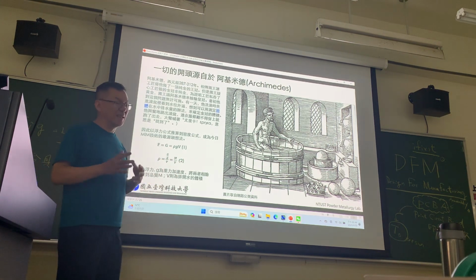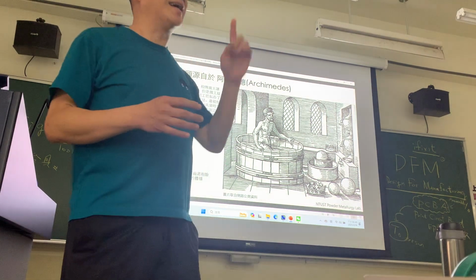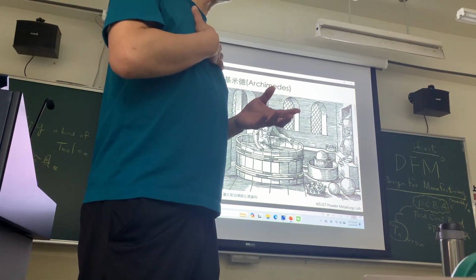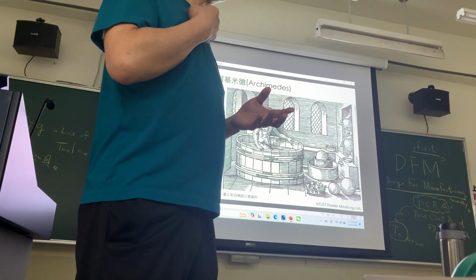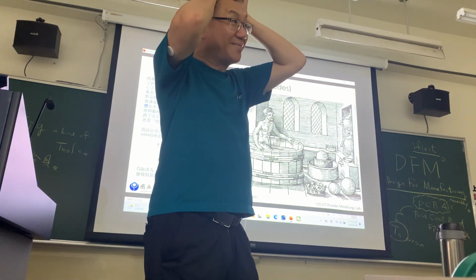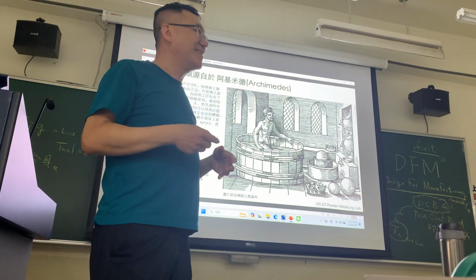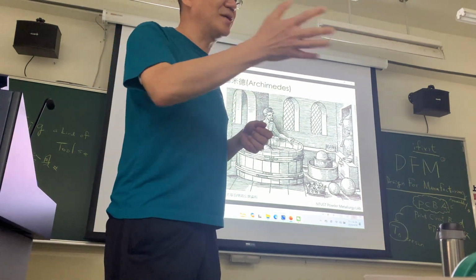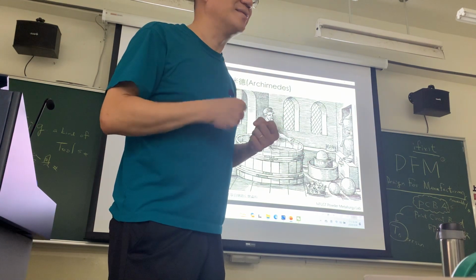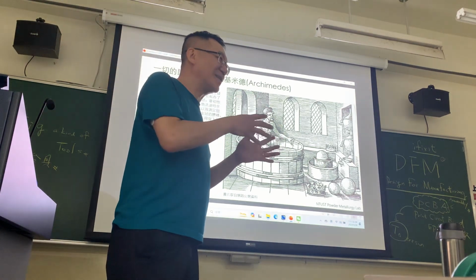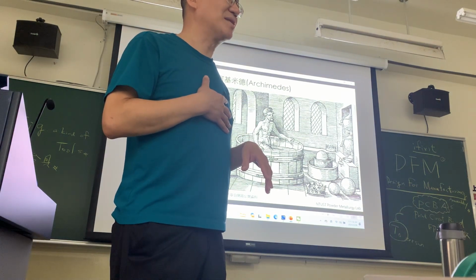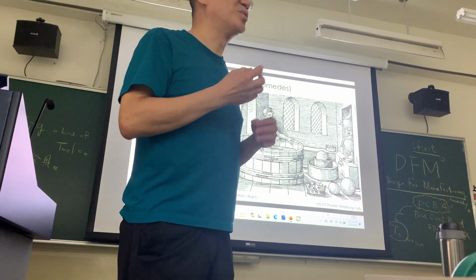Why? Because in history, the king said he was thinking somebody had stolen his gold. He wanted a crown, and the maker said okay, give me 20 kilograms of gold. After that, the king thought somebody might steal his gold, so how to check this?